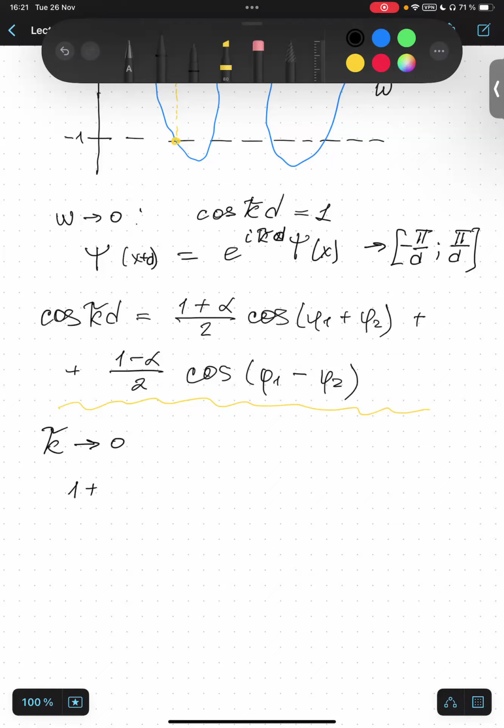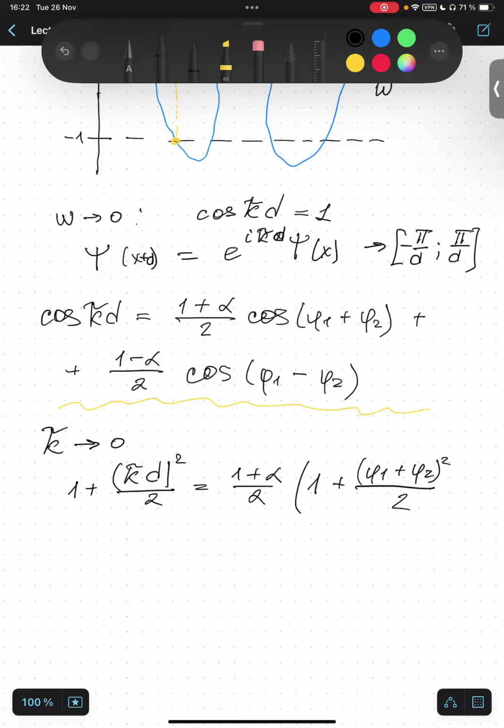We'll have 1 plus k d squared over 2 equal to 1 plus alpha over 2, 1 plus phi1 plus phi2 squared over 2, plus the second one.